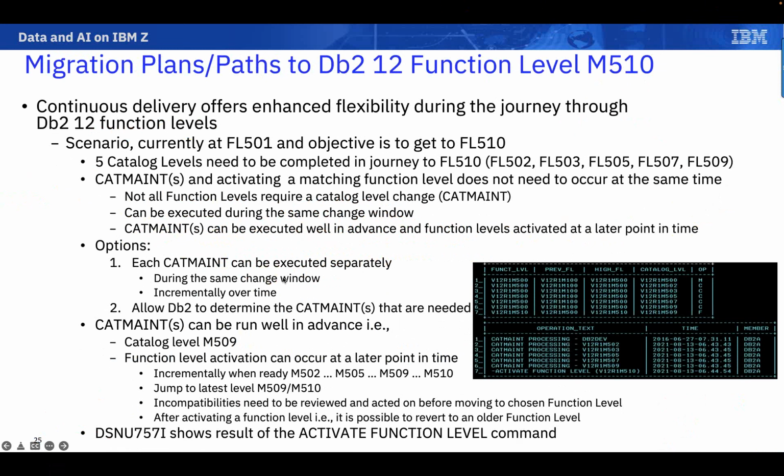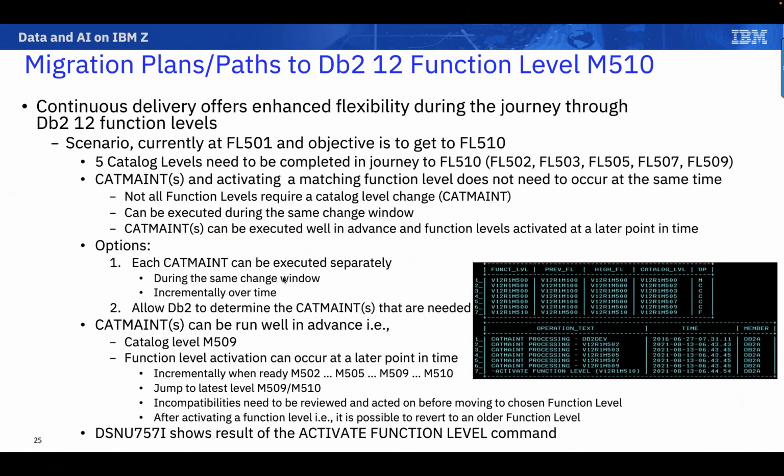Now, one of our large financial institutions, a brokerage firm in the United States, is a little bit worried about all this. We'll talk through the different steps in a couple of slides. But really, you don't necessarily need a maintenance window. You could pick a low volume window and get the CATMAINT done once.